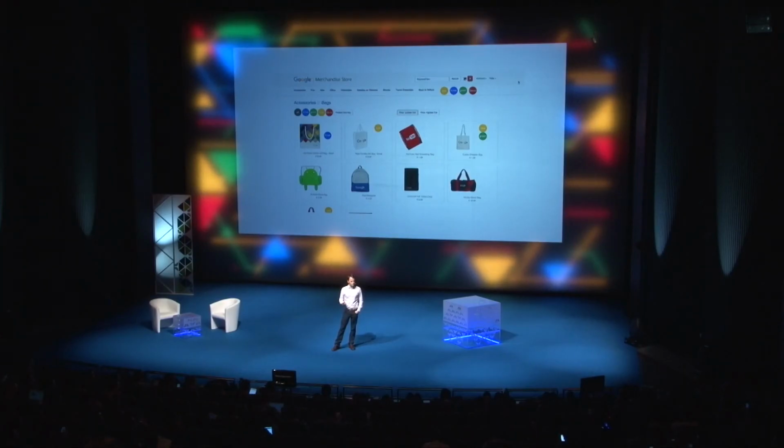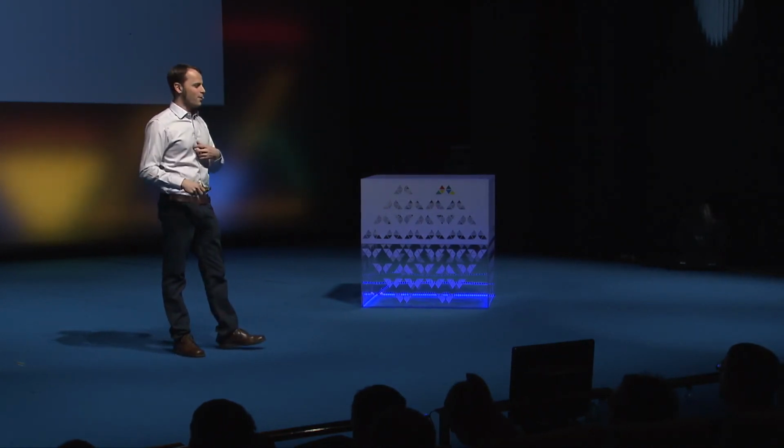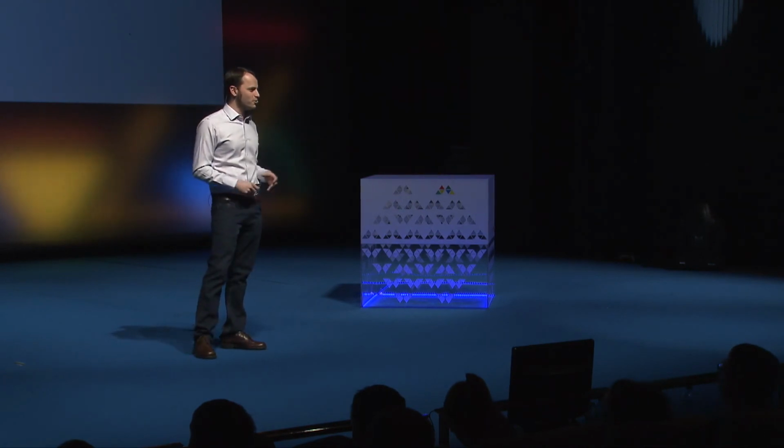So this is the Google Merchandise Store. How many of you know the Google Merchandise Store? Yeah, so it's a very small website where Google sells stuff like branded T-shirts, bottles, and bags, small things.